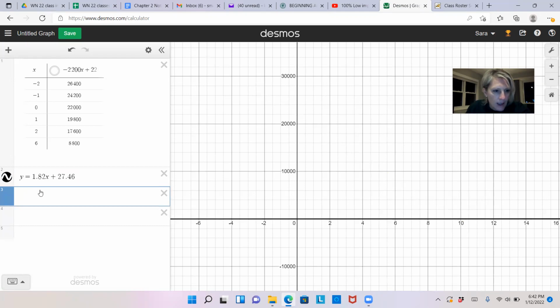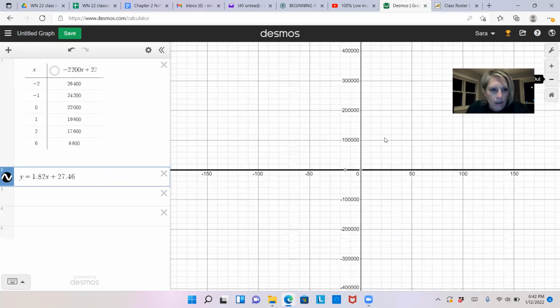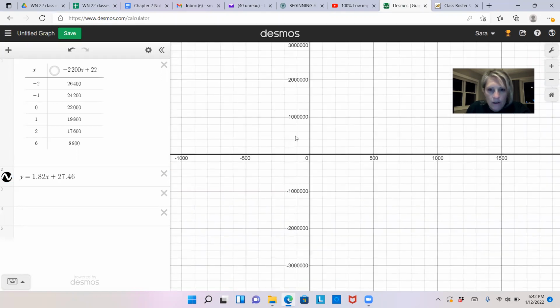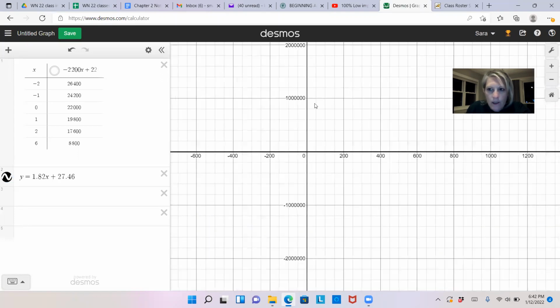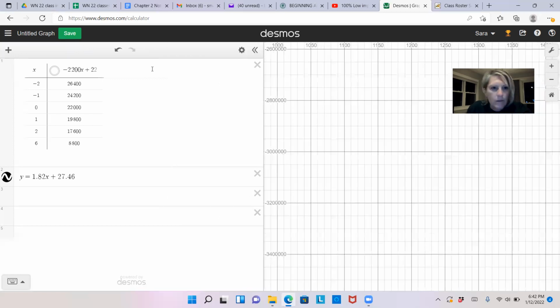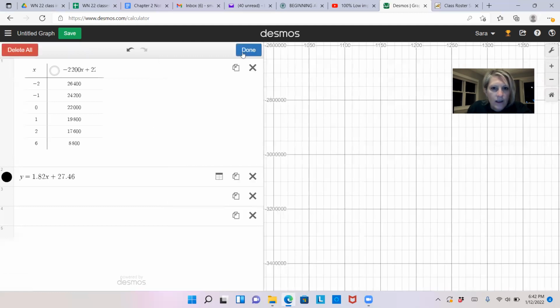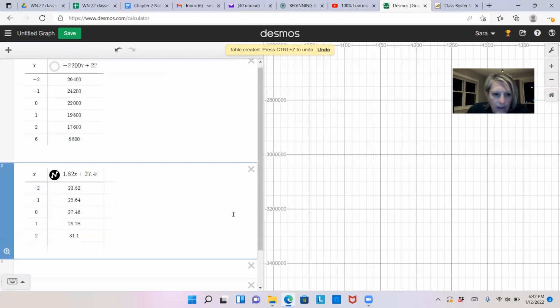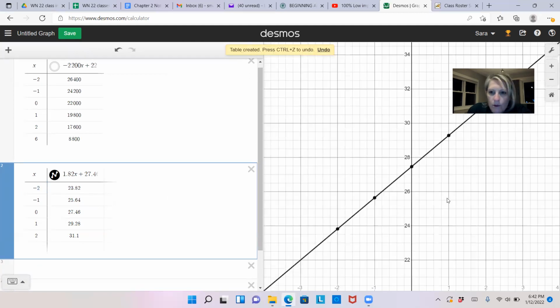And again, my scaling is going to be much, much different here. Geez, I think it's easier if you just go up to the gear and make the table, and then you can click on the magnifying glass and it will automatically zoom fit for you.